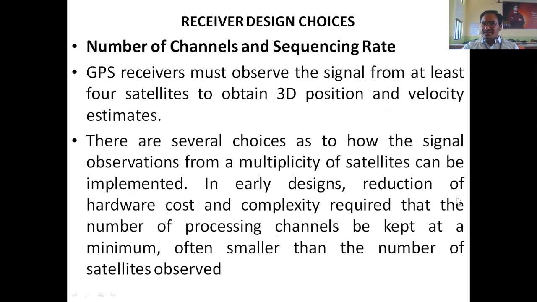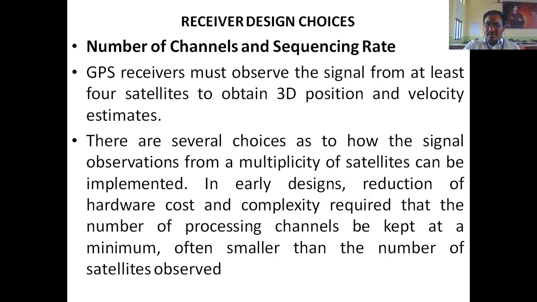They must observe the signal from at least 4 satellites, because the trilateration technique that we have learned in unit 1 needs minimum information from 3 satellites if the user or the object's altitude is known. If it is not known, information from 4 satellites is required to obtain 3D position and velocity estimates.